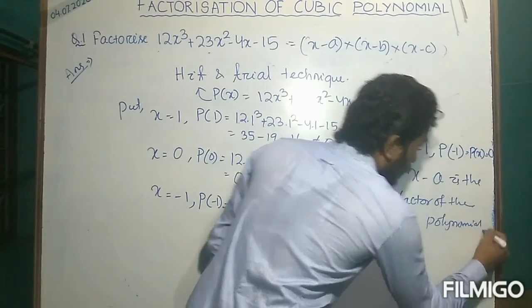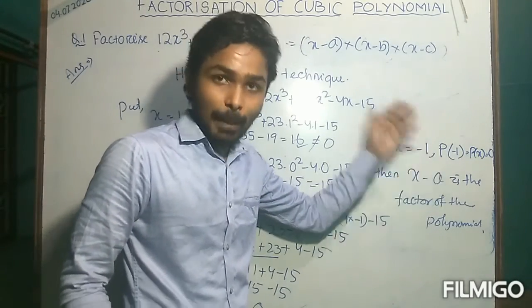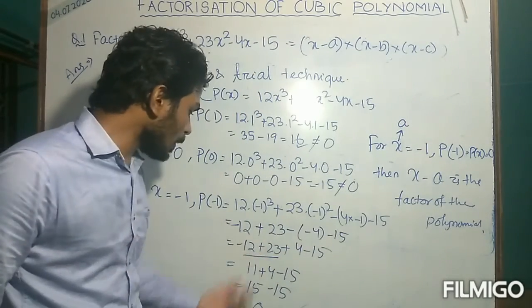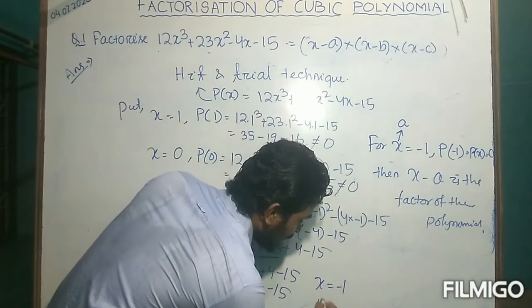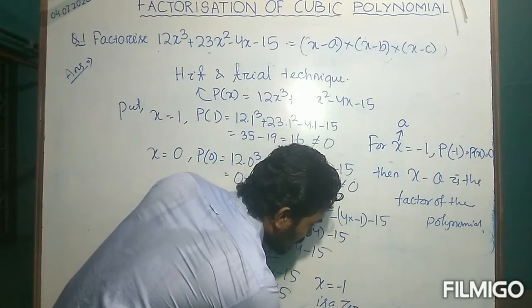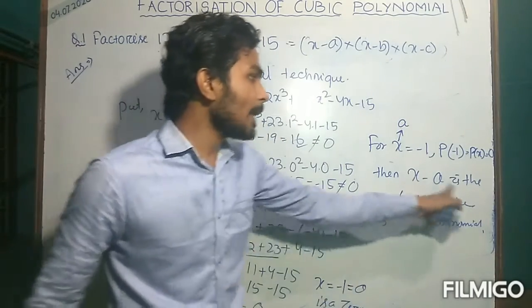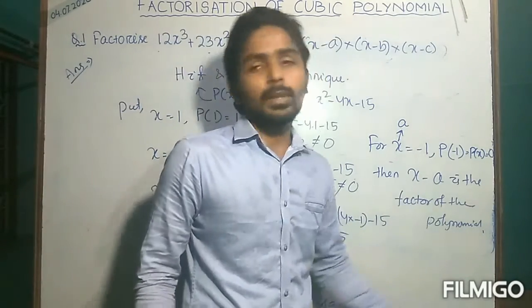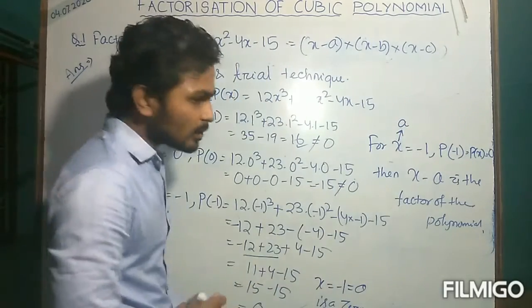Why? Because for x is equal to minus 1, the value of the polynomial is 0. That means x is equal to minus 1 is a zero of the polynomial, and if it is a zero of the polynomial, then x minus a is the factor. So here we get a is equal to minus 1.